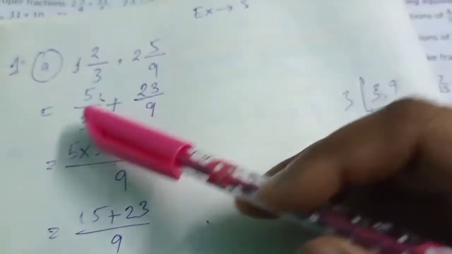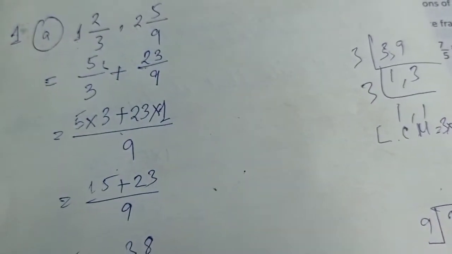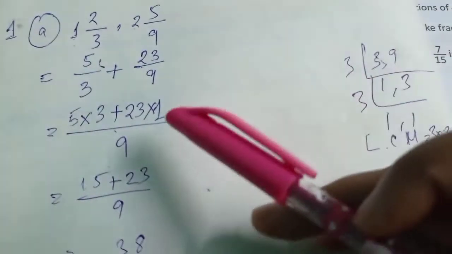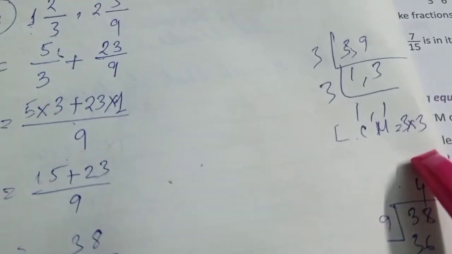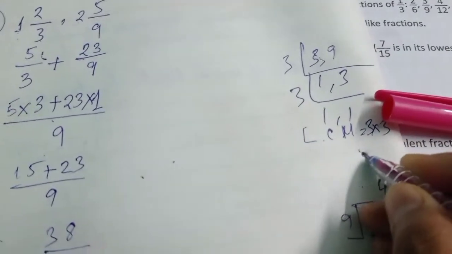Now you have to find the denominator, as you have already learned how to find a denominator. You have to find the LCM. If you do this one, you get an LCM of 9 as the answer.